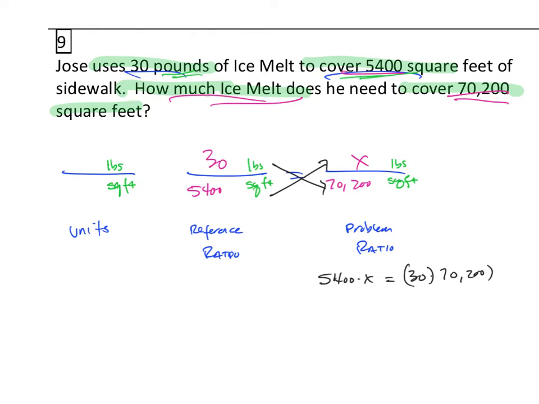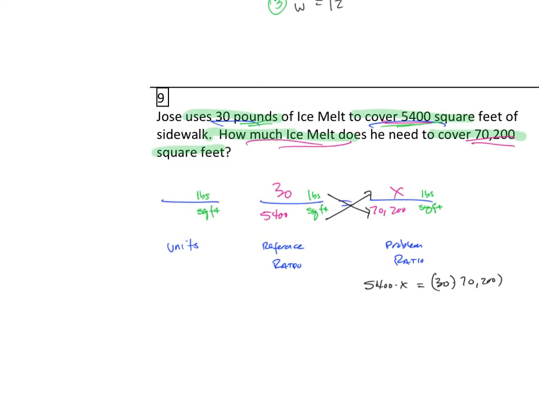So this becomes 2,106,000 equals 5,400x. And so we're going to divide both sides by 5,400, which means x equals 390.